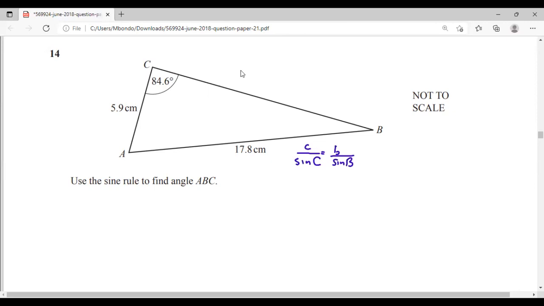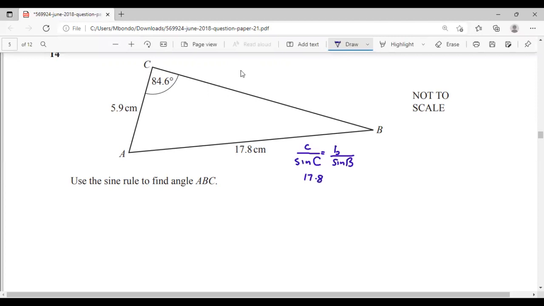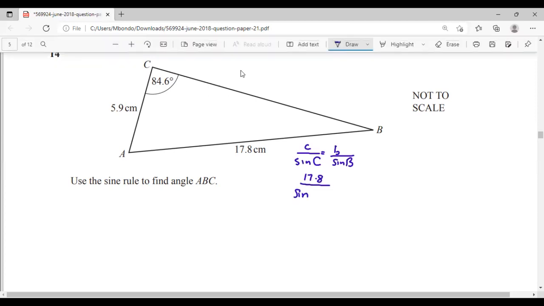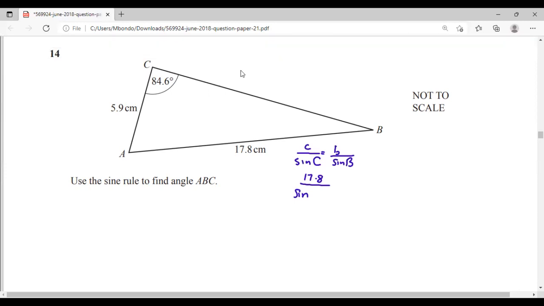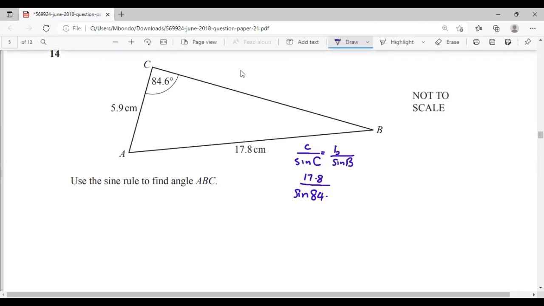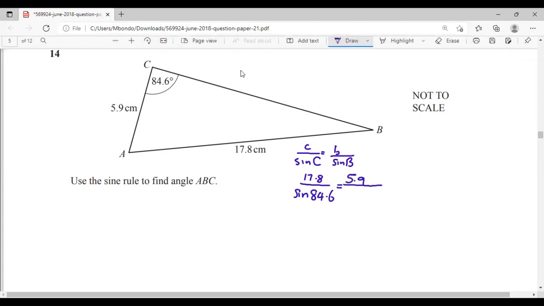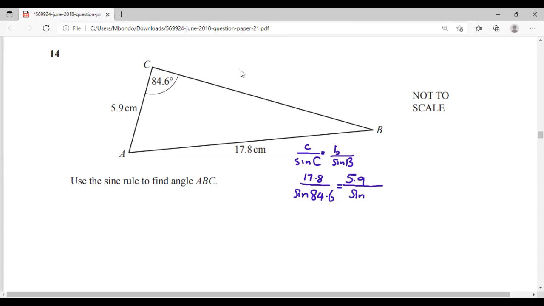So when we begin to replace here, we're going to have 17.8 over sine, the angle at C is what? 84.6, is equal to the side opposite to B, which is 5.9, over this angle that we are looking for here.